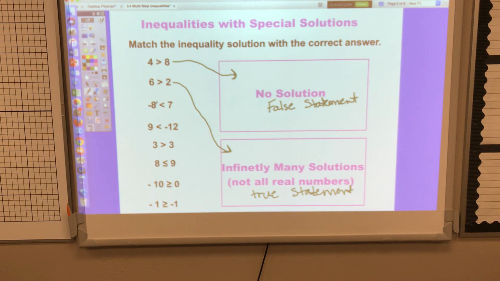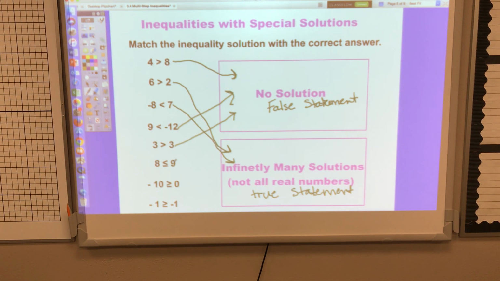Negative 8 is less than 7, a true statement, so it's infinitely many. Remember, these happen when your variable terms cancel on both sides. 9 is less than negative 12, that's a false statement, so that would be no solution. 3 is greater than 3 is also a false statement, because my symbol is greater than, it has to be false.